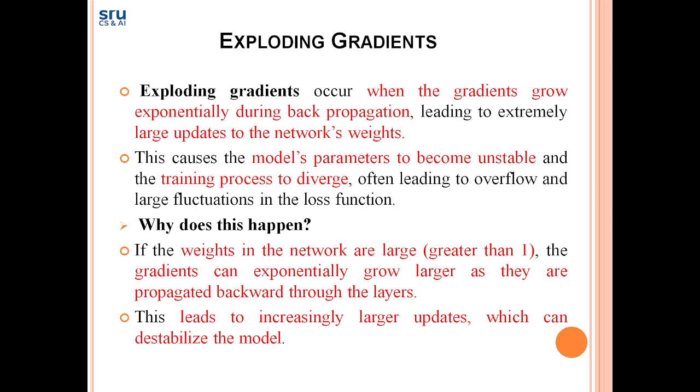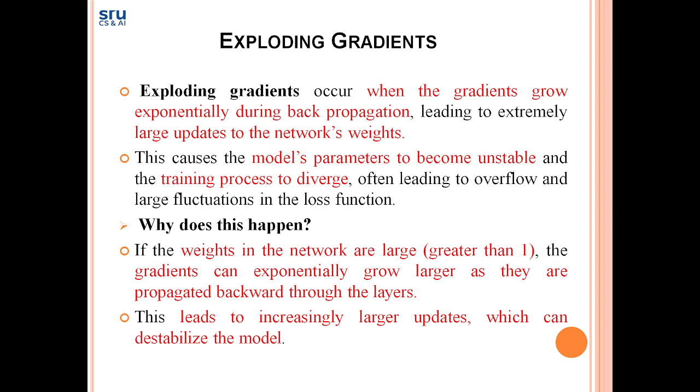What do we mean by exploding gradient? When gradients grow exponentially during backpropagation, it leads to large updates of the network's weights. Due to this, model parameters become unstable and the training process diverges. Why does this happen?